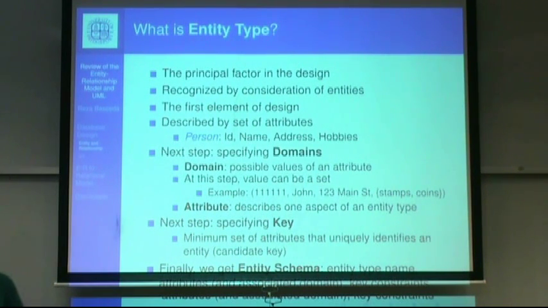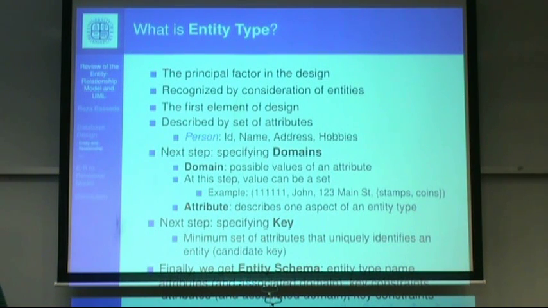Here, for example, I show the record of a student. His name is John, and his ID is 11111, and the address is 123 Main Street, and his hobby is stamps and coins. Okay. You see that here, the domain is also a set: the hobby attribute is a set.